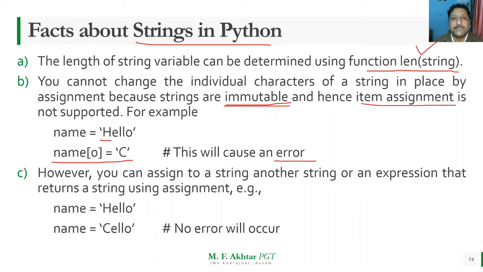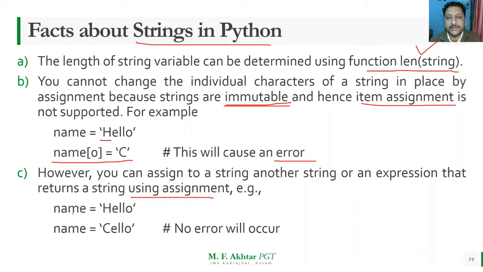However, if we want to make some changes, we have to change the whole word or whole string at a time. That is possible, but changing an individual letter is not possible. However, you can assign to a string another string or an expression that returns a string using assignment.